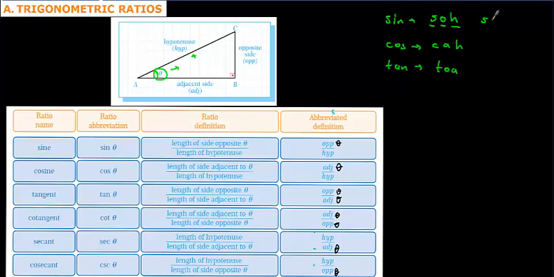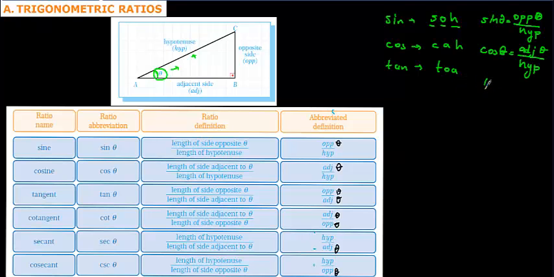Sine theta is the opposite of theta over the hypotenuse. And what about cah? Cah means cosine theta is equal to the adjacent of theta over the hypotenuse.